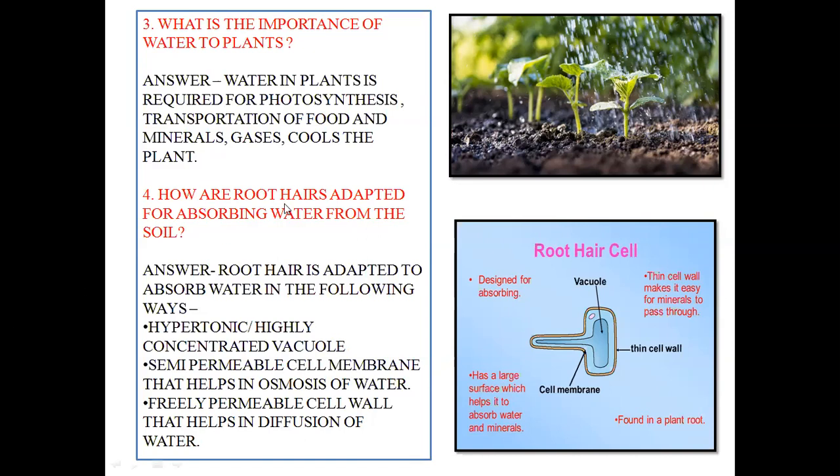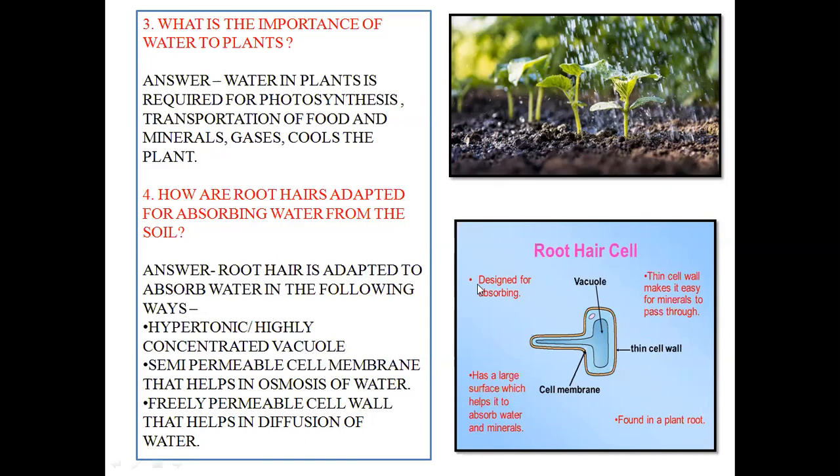Next is, how are root hairs adapted for absorbing water from the soil? Now root hairs, first of all, help in providing a large surface area so that they can absorb water from very distant places towards the plant. Next, there is some modification in the cell itself.